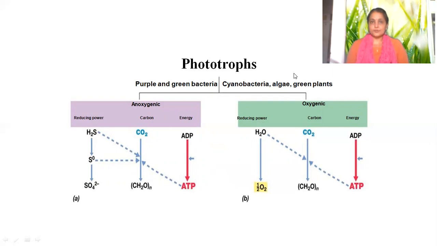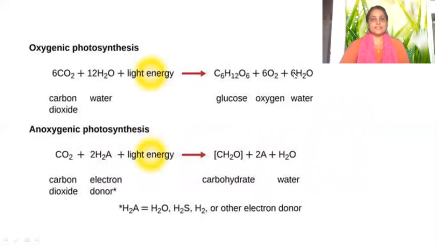The other group, following oxygenic photosynthesis, is cyanobacteria, algae and green plants. These organisms produce oxygen during their photosynthetic process. Now, this is the equation.